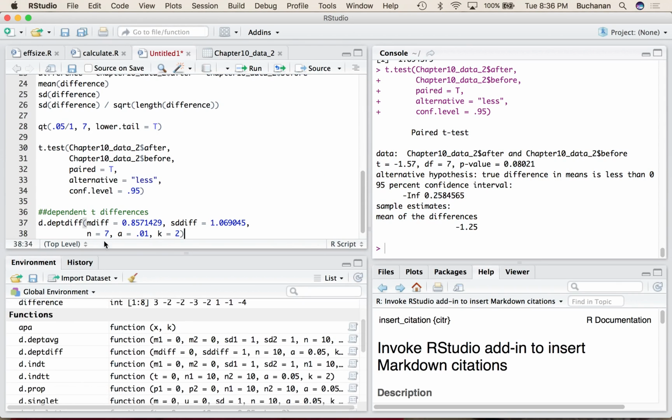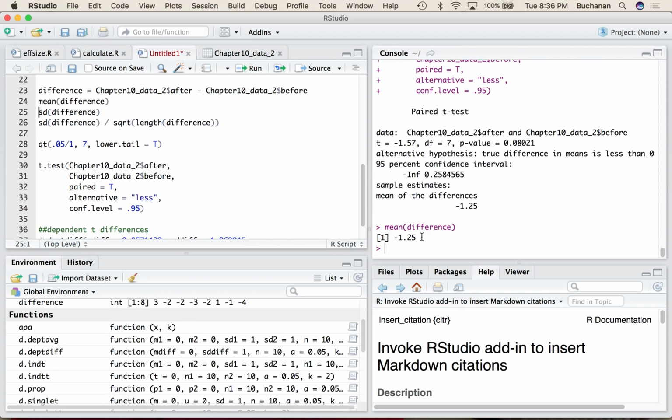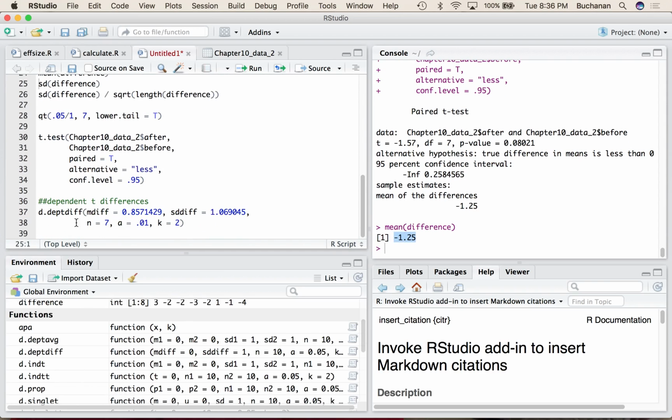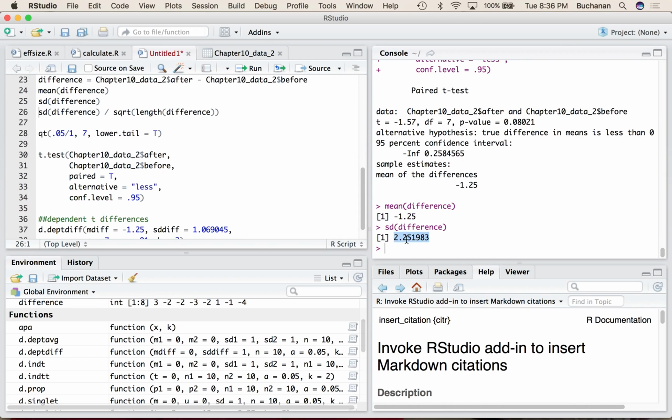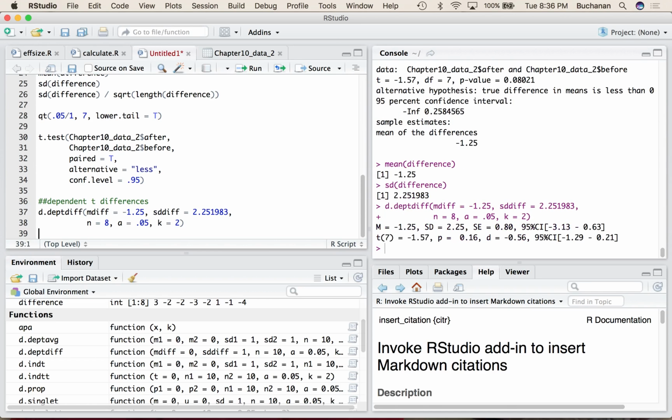These have to be open or this won't run. My mean of my difference scores was negative 1.25. My standard deviation of the difference score was 2.25. N was 8. Alpha for type 1 error is 0.05. We're going to run that.